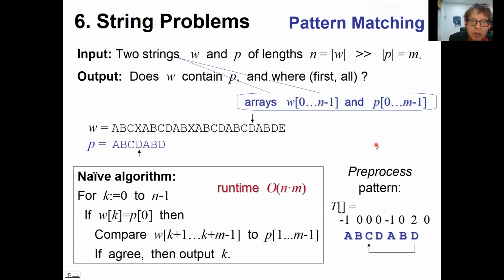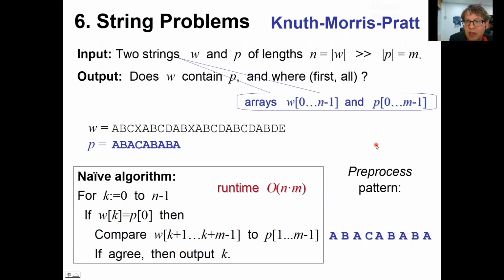Let me illustrate that with another example and with the Knuth-Morris-Pratt algorithm, which makes use of this preprocessing in order to accelerate. Here, the preprocessing of the pattern looks at substrings, occurrences from the initial segment. Here we have the initial segment ABA that occurs again.